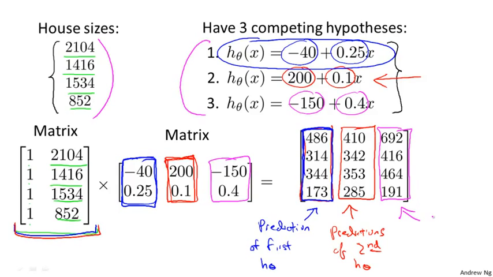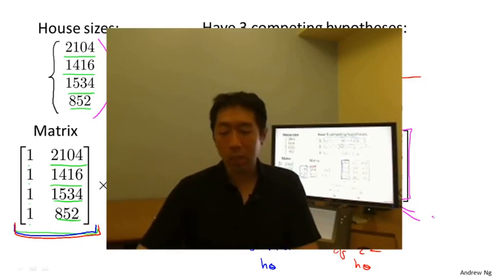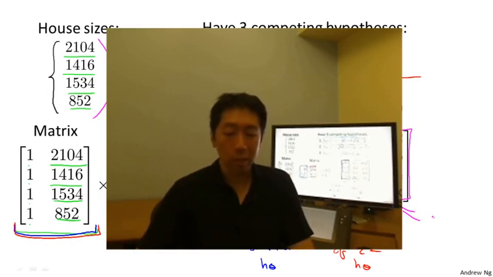And even better, it turns out that in order to do that matrix multiplication, there are lots of good linear algebra libraries to do this multiplication step for you. And pretty much any reasonable programming language that you might be using, certainly all the top 10 most popular programming languages, will have great linear algebra libraries.